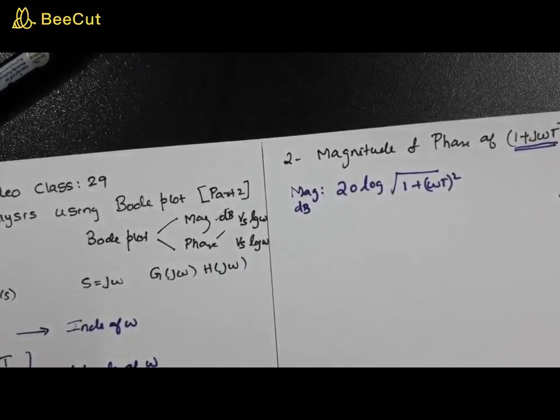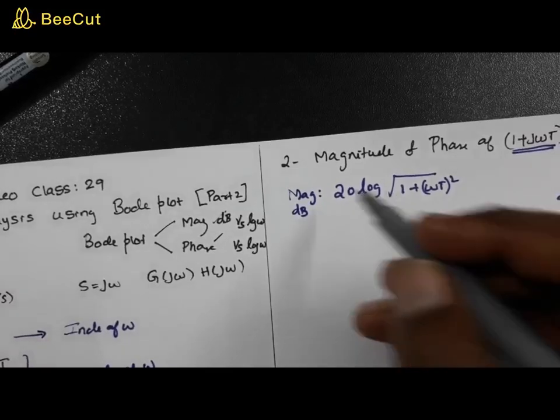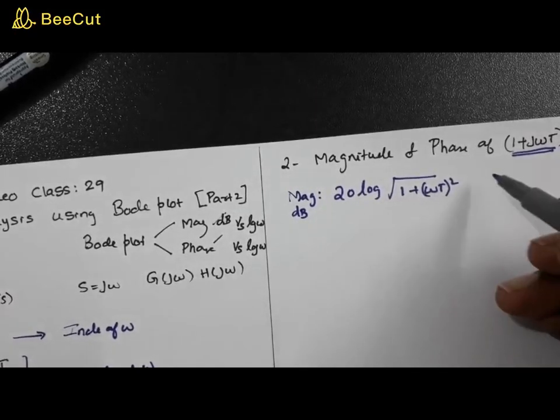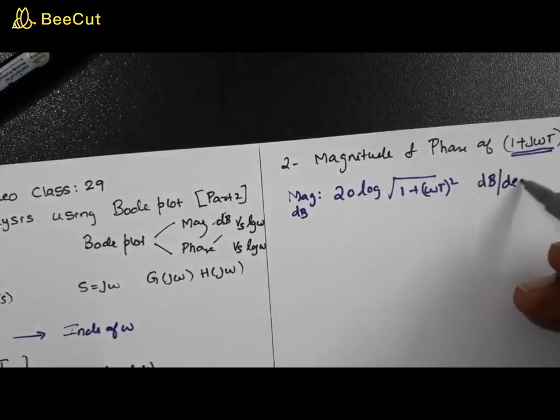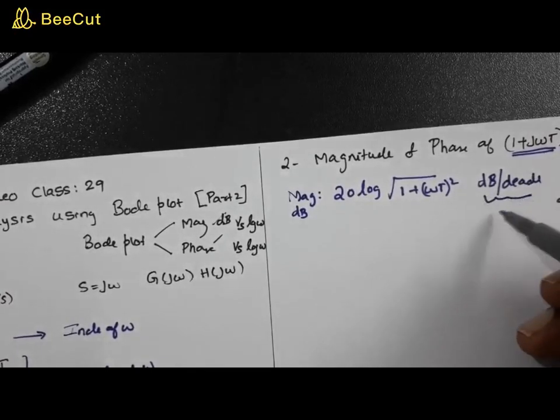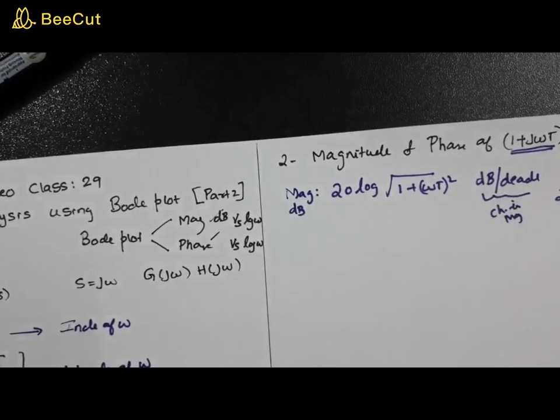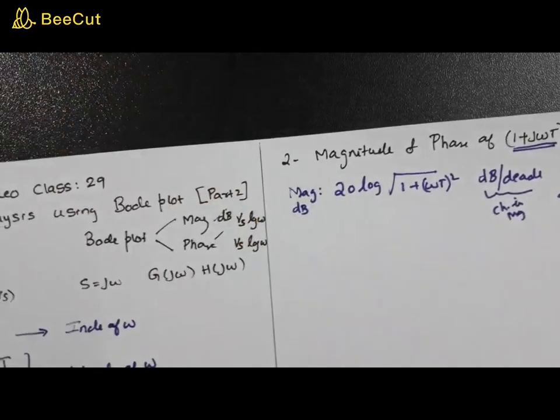So the unit is going to be decibel per decade. This denotes the change in the magnitude as the frequency varies in decades. We are interested in that. Let's see how to plot this.